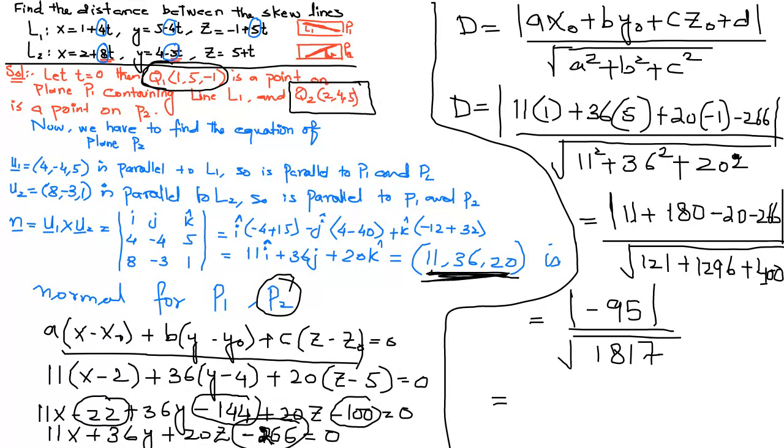Now what is the value of the mod of minus 95? That is 95 divided by the square root of 1817.